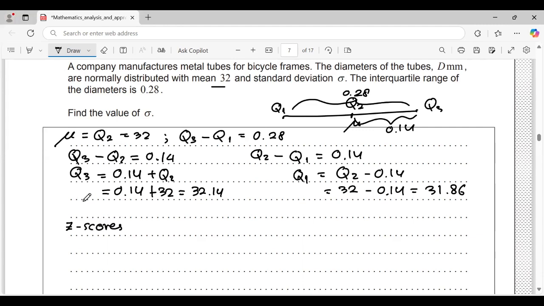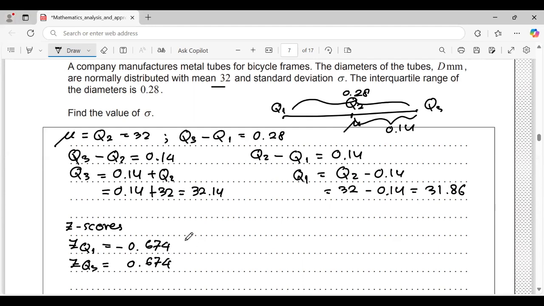Based on this information, we are going to use the Z-scores table or calculator for the quartiles. So Z-score for the first quartile is minus 0.674, and the Z-score for the third quartile is 0.674.